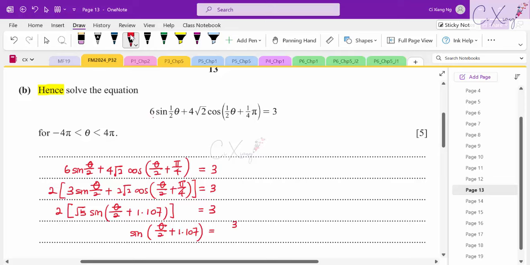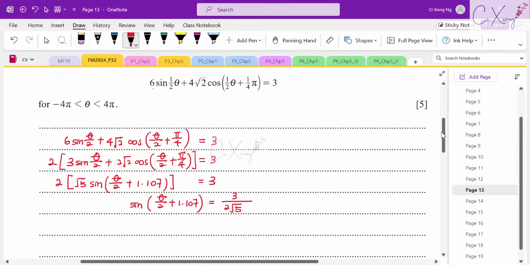So I'm having 3 over 2 root 5. After that I need to solve the equation so that I can get a final answer for theta. But before that, I need to know what is the range of theta that they will accept.